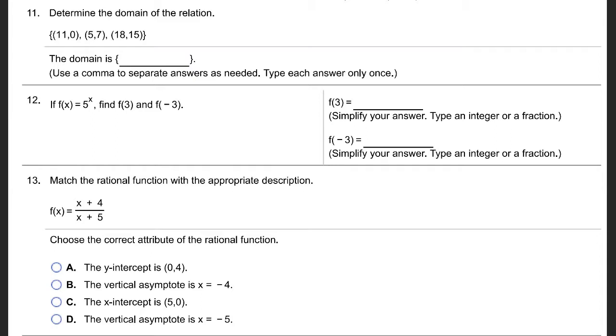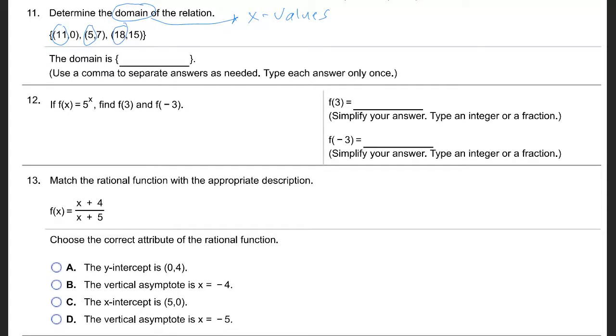Now, when you're looking for the domain, it would be the x values. So listing the domain here is just listing the x coordinates for each ordered pair. So we have 11, 5, and 18.